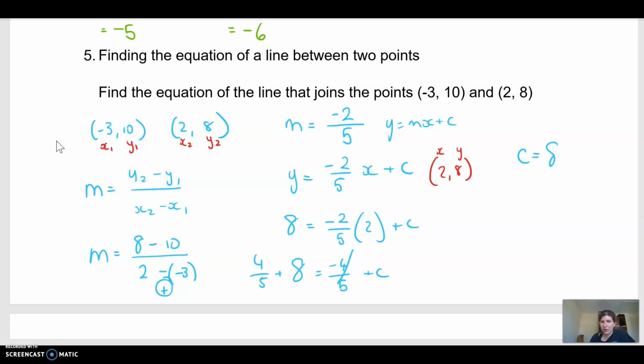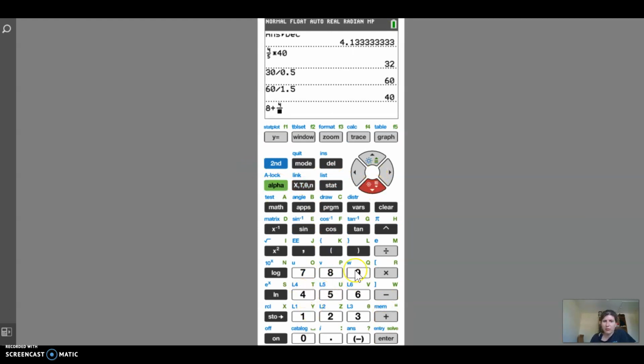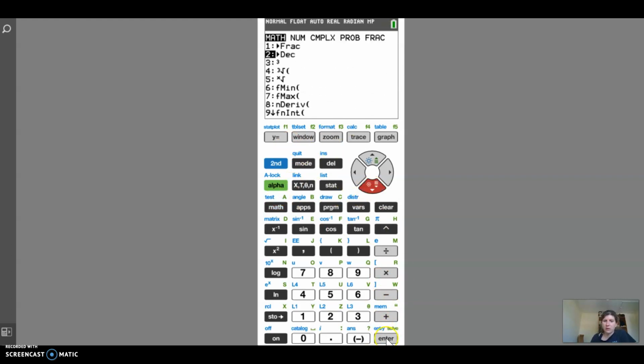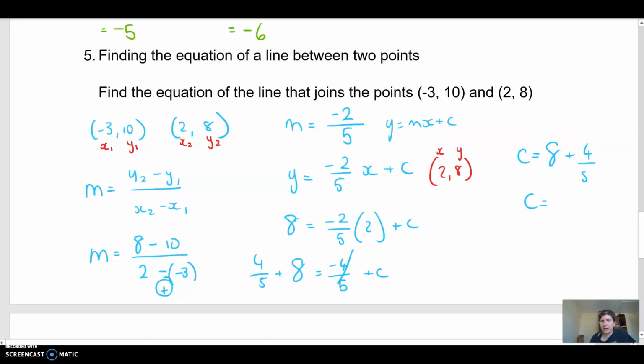So my c is equal to 8 plus 4/5. And then if you want to, you can do that on a calculator, because you're going to have one in your exam. 8 plus 4/5 is equal to 44/5, or I could convert it to a decimal, which is 8.8. So I'm going to put that in as 8.8.